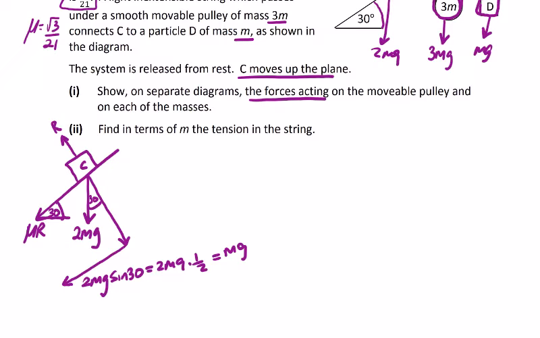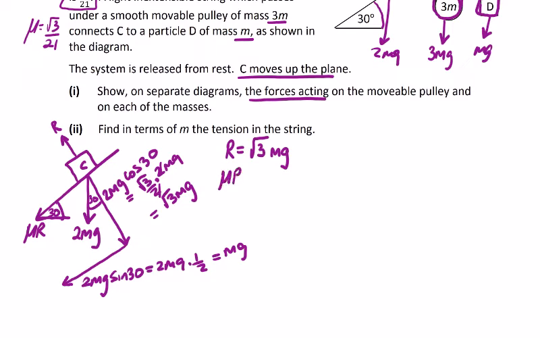And then opposite R, we have 2mg cos 30, which is root 3 over 2 times 2mg, which is root 3 mg.